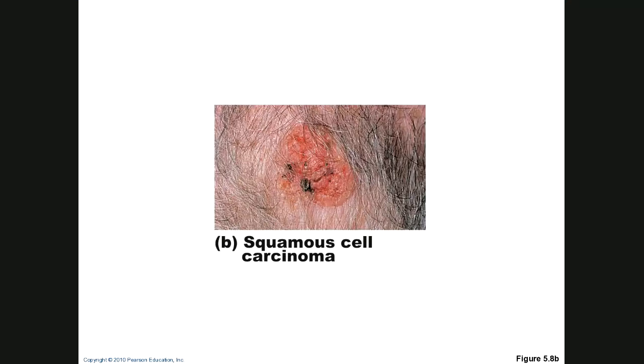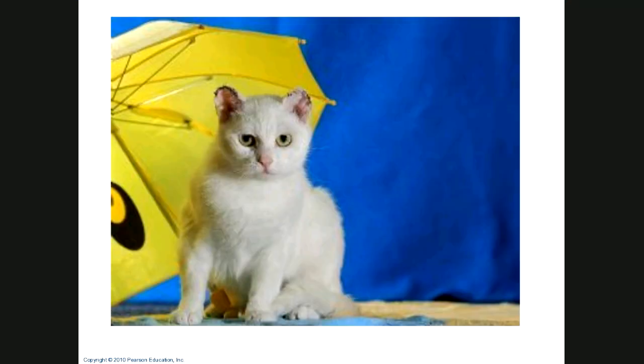It's pretty far along. And I put this cat here under an umbrella. This is a white cat, and this is cancer in his ears, squamous cell carcinoma. I put that there for a reason, because continuous exposure to the sun is what tends to cause squamous cell carcinoma. This cat has no pigment.